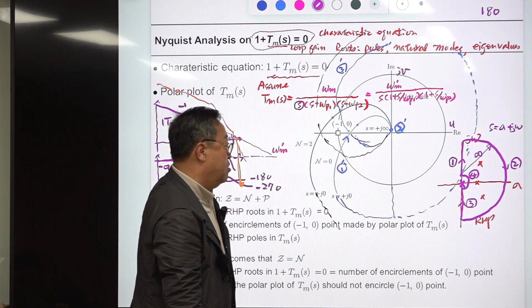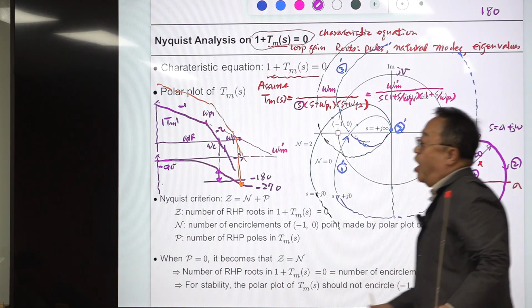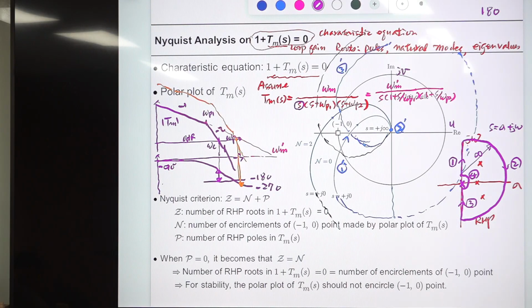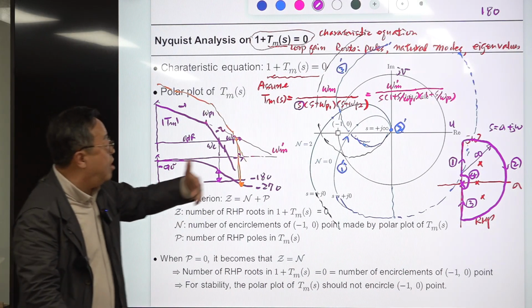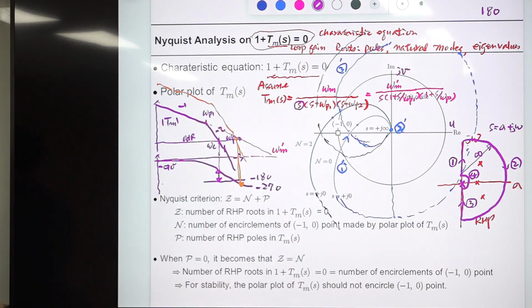This is called the Nyquist criterion, and calculating this in this manner is contour mapping. The Nyquist contour includes all of the RHP of the s-plane. So this system is stable.